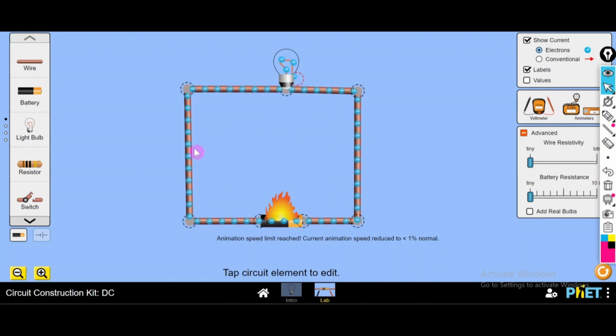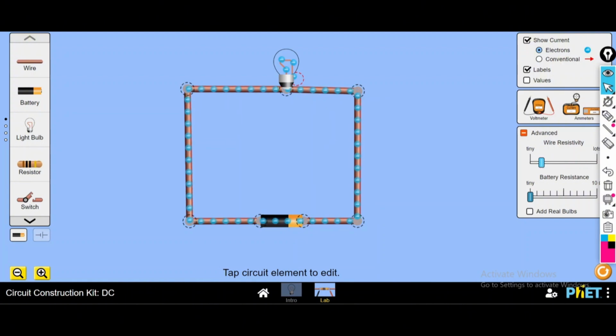Now the battery is connected through this bulb with this conductor, and now with this button I am going to change the resistivity of the wire. If I change the resistivity, the current flow through the conductor will also change. So this is also the explanation for the relation of resistance and resistivity.